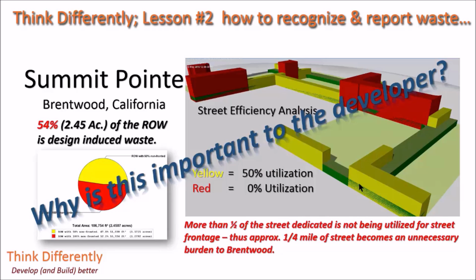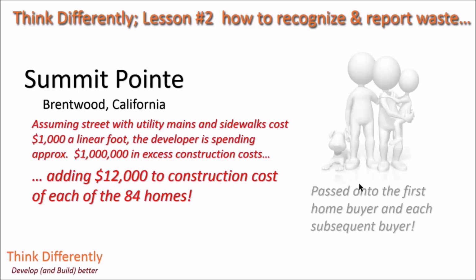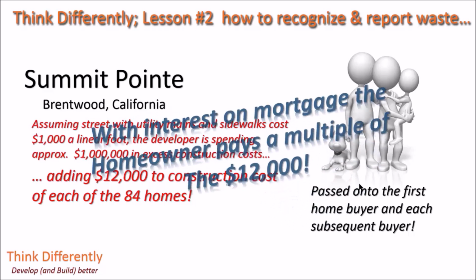But why is it important to the developer who's submitting the plan? Well, in Brentwood, it's going to be about $1,000 or more for every foot of street. So that means it's at least $1 million in excess construction costs, which adds $12,000 to each of the 84 homes. That's passed on to the first home buyer and each subsequent buyer thereafter, forever.